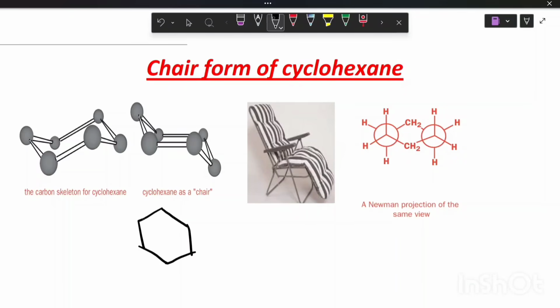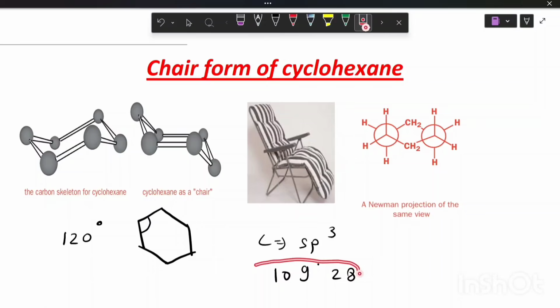Reason: see, in cyclohexane, all carbons are sp3 hybridized and the bond angle should be 109.28 degrees. But in planar cyclohexane, see this bond angle. If you calculate this bond angle, it will come out to be 120 degrees. It should be 109.28, but it is 120 degrees.